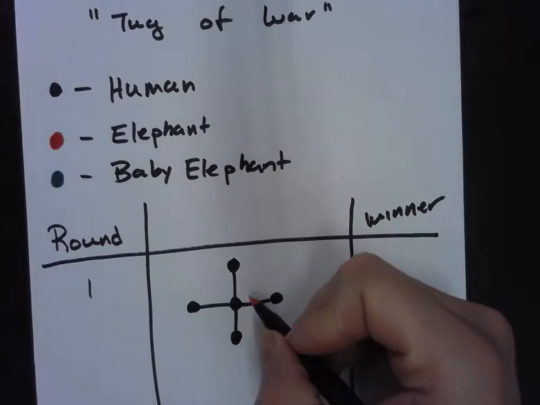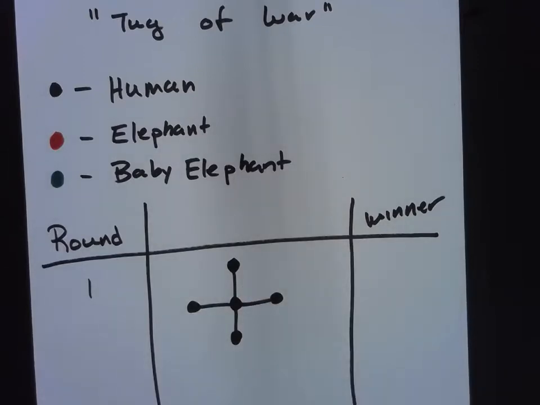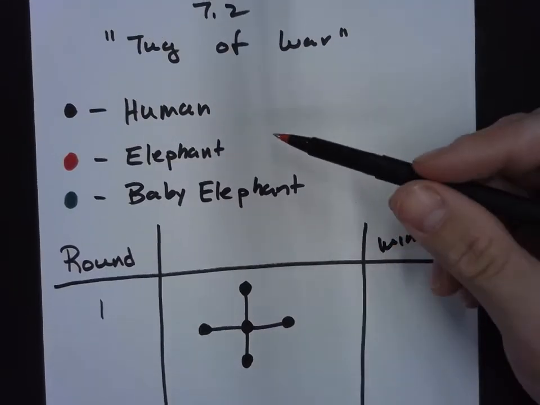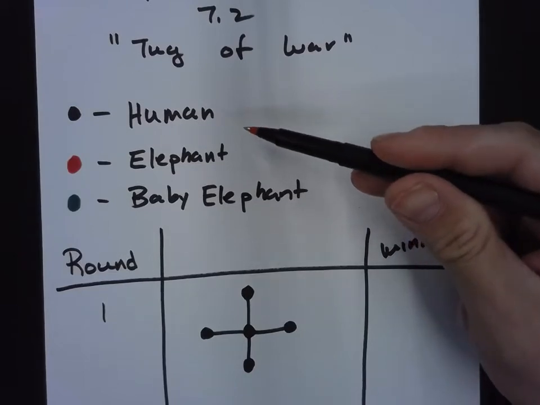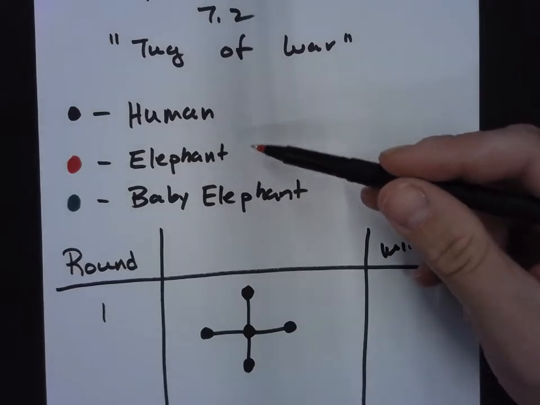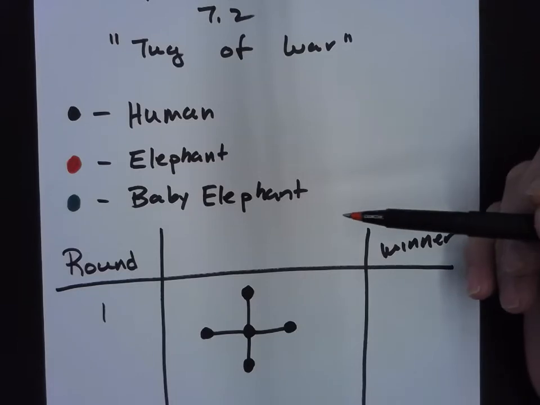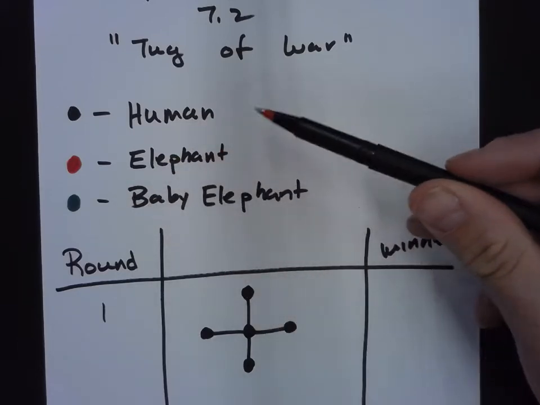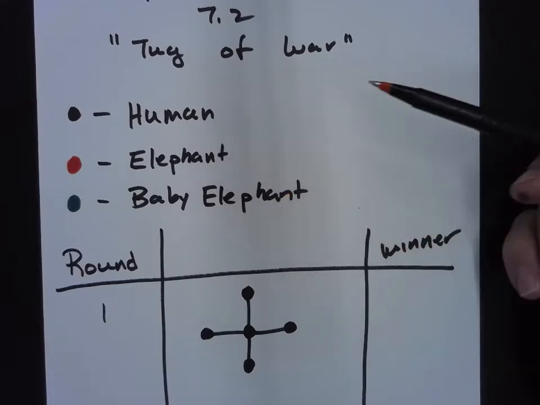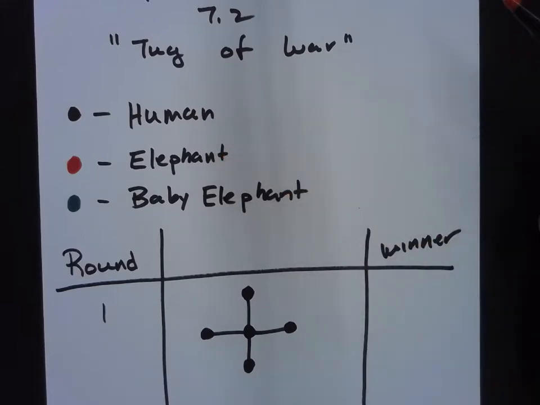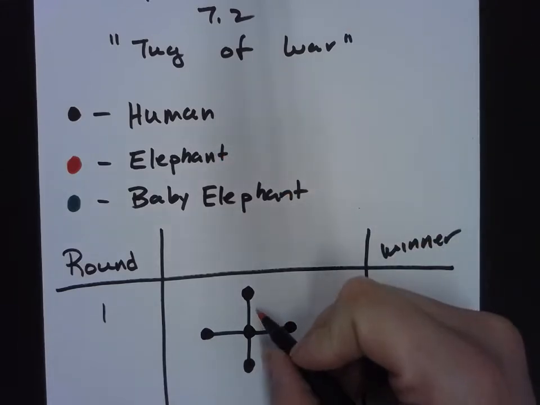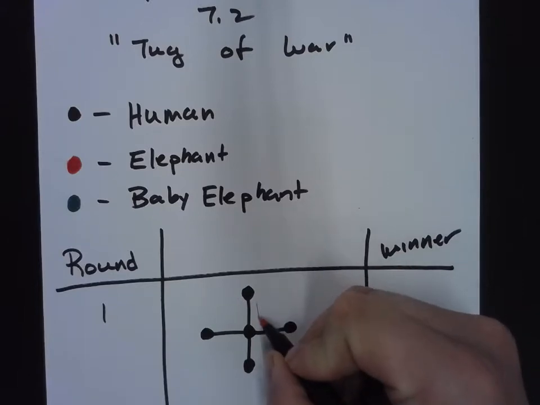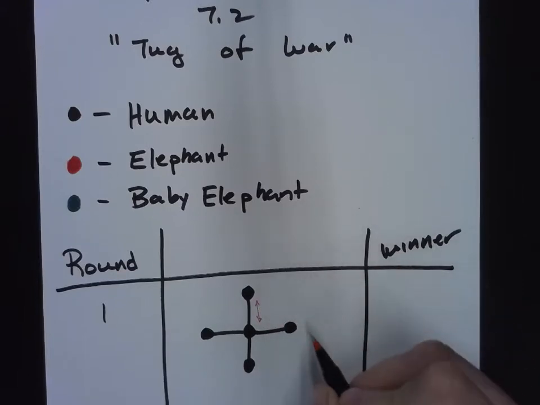Now, we're going to go ahead and assume that the humans have a certain amount of strength, and all of these humans are kind of equally matched, okay? And then elephants have obviously a lot more strength than humans, and baby elephants have more strength than humans, but not as much as a full-grown elephant.